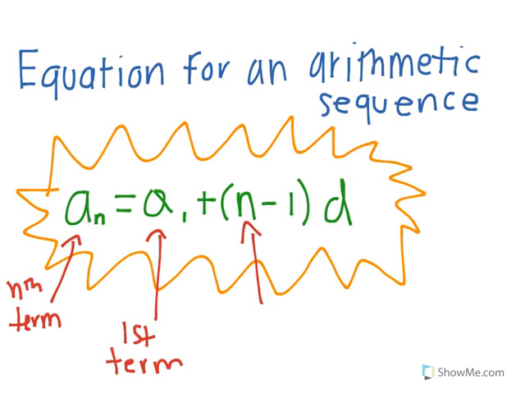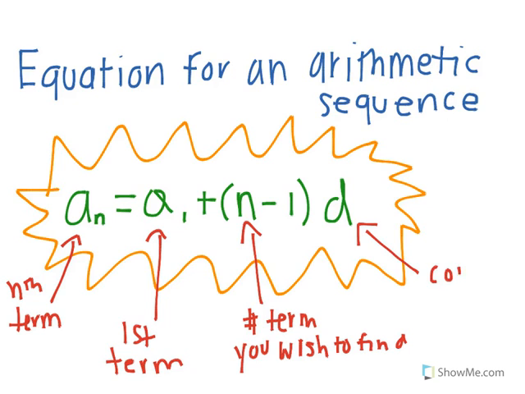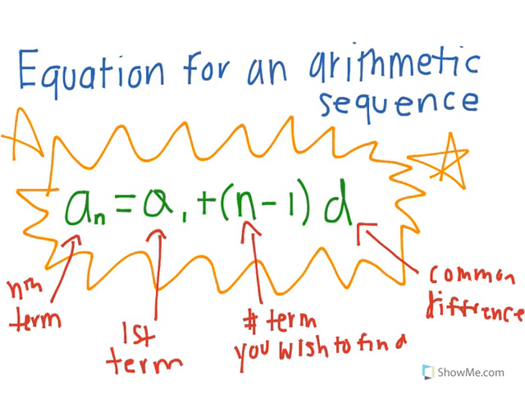N is the number of the term you wish to find. And then d is the common difference. This is super important. You'll be using this a lot. And these are what each individual term means.